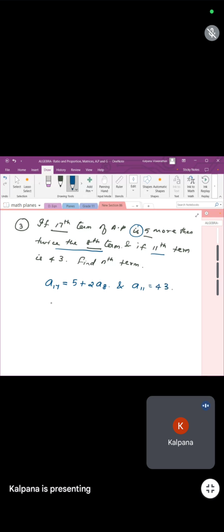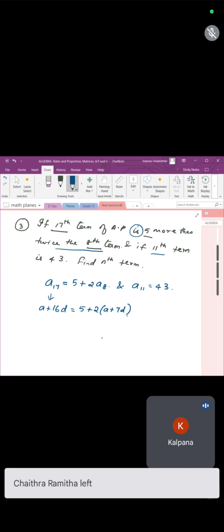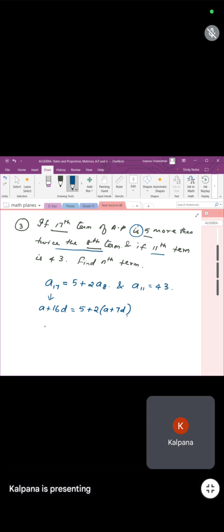Now the 17th term can be written as a plus 16d equals 5 plus 2 times the 8th term, which is a plus 7d. Solving this, you will get an equation. And from A11 you will get another equation. What equation did you get from here?